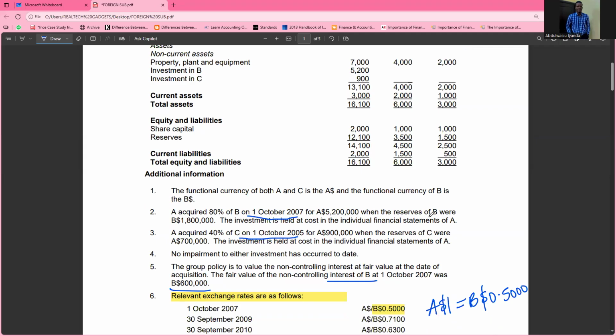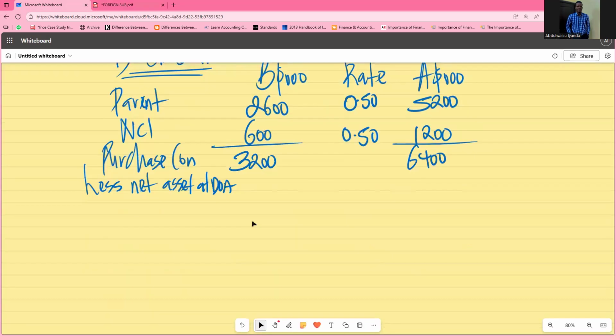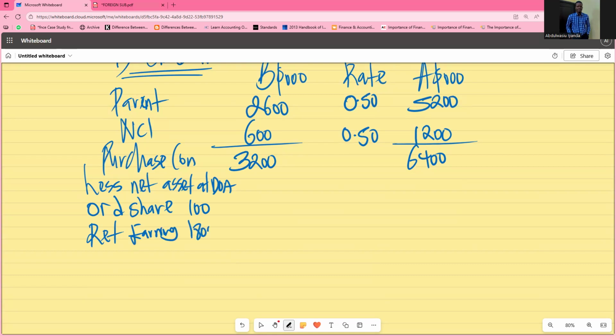You can see when the reserves were 1,800. So the ordinary share is 1,000. Then the retained earning here is 1,800 when you acquired. So this is 1,800 and you add the two together.